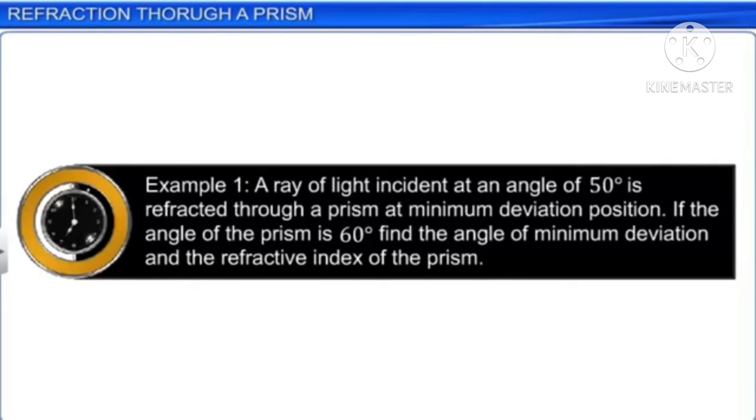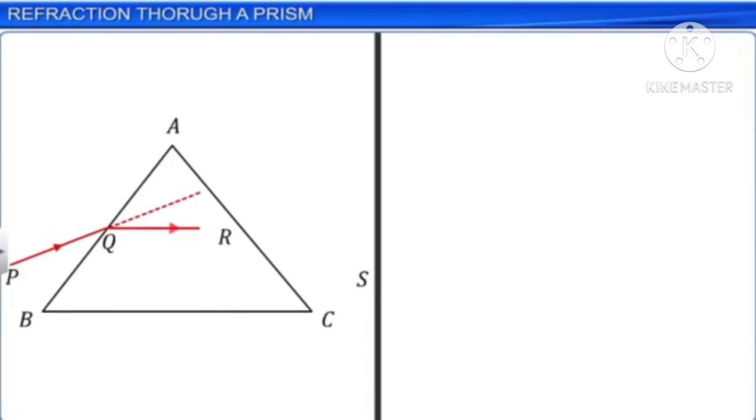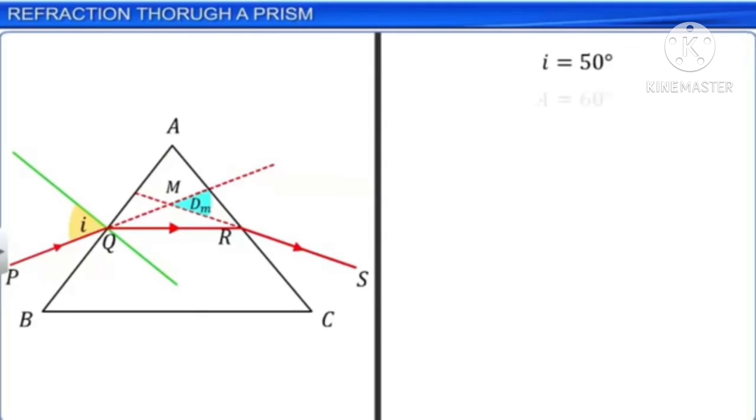We know that deviation d is equal to I plus E minus A. When the prism is at minimum deviation, dm is equal to 2I minus A. On substituting the values of I and A, we get the minimum deviation equal to 40 degrees. Substituting the values of A and dm in equation 7 and on further simplification, we get the refractive index equal to 1.532.